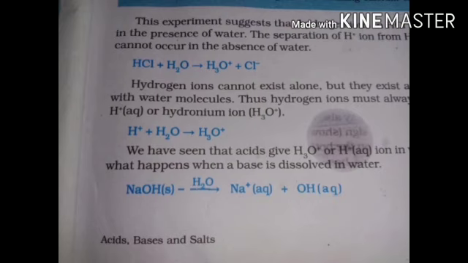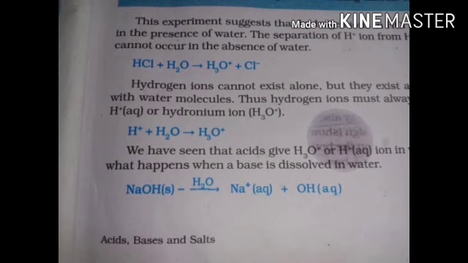Let us now see the reaction over here. HCl in water dissociates to give H positive ions. This H positive ion combines with water to form the H3O positive ion, known as the hydronium ion.